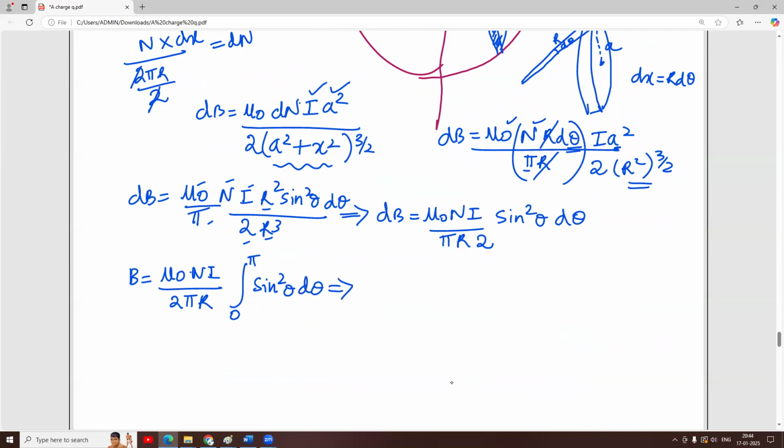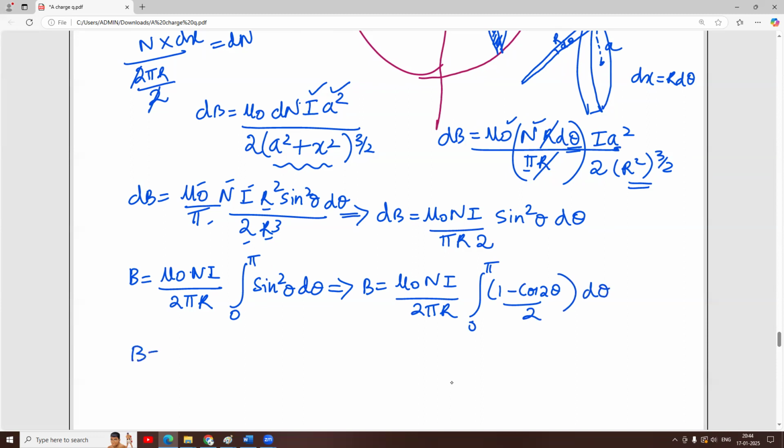That implies B is equal to mu naught N I by 2 pi r into integral 0 to pi of (1 minus cos 2 theta) by 2 d theta.